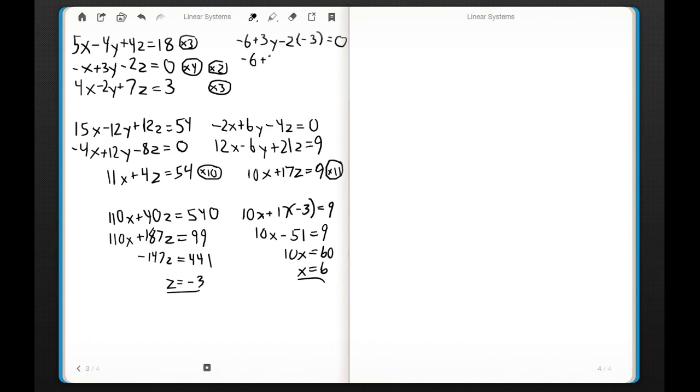So this will be negative 6 plus 3y plus 6 equals 0. 3y, we can see negative 6 plus 6 is 0, so that disappears. 3y equals 0, y equals 0. And here is our solution. X of 6, y of 0, z of negative 3.